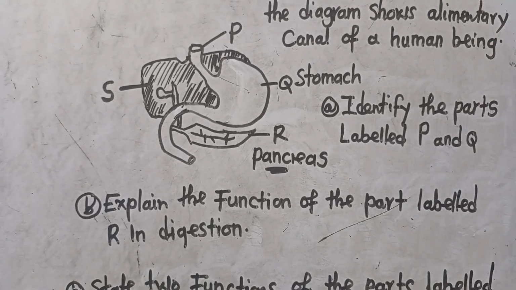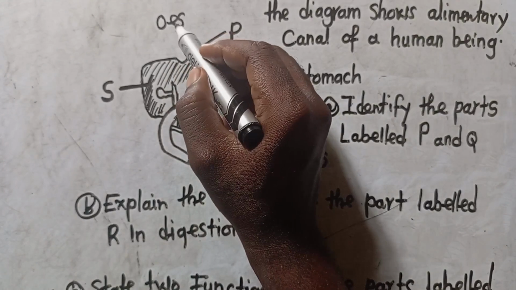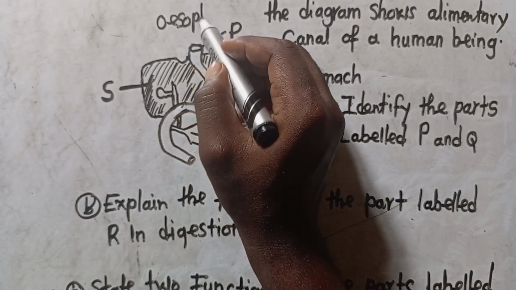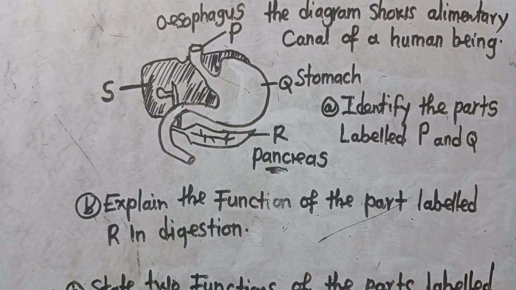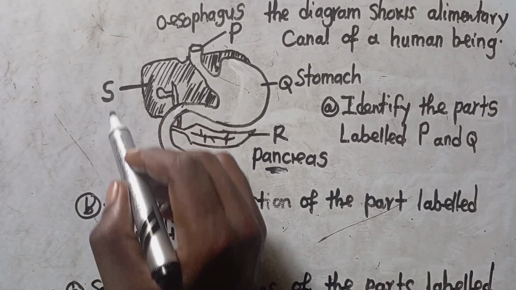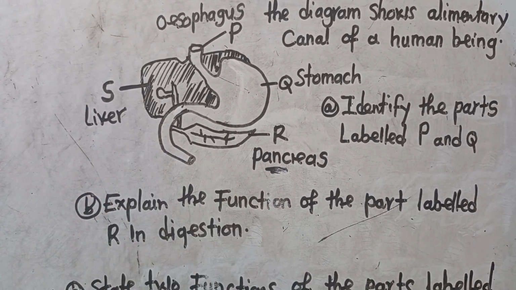That P is called the esophagus. We also have this part that is here. This is a liver. So we've labeled all those parts. That is how we are supposed to label them.